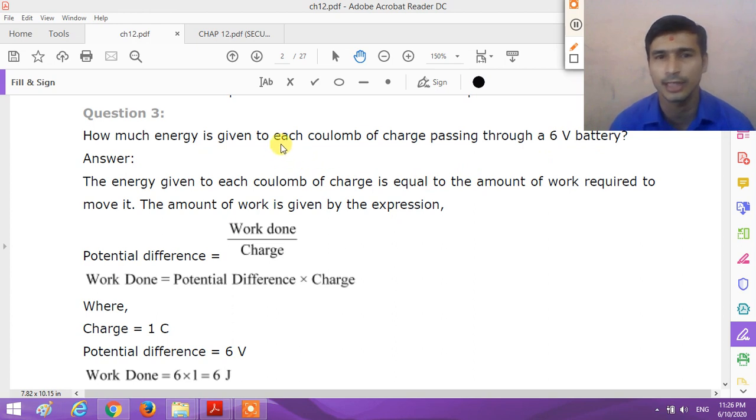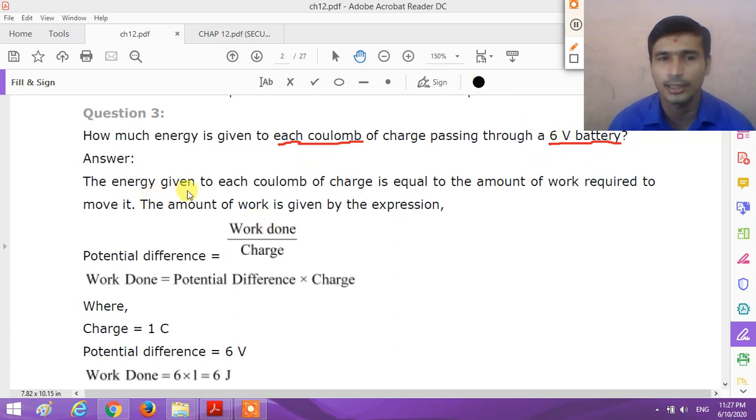Each coulomb of charge means that the charge Q is given to you, Q is equal to 1 coulomb, right? Provided by a battery of 6 volt. So the potential V is given to you as 6 volt of the battery.